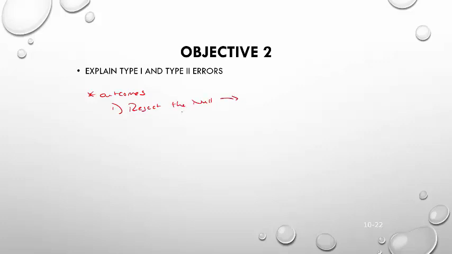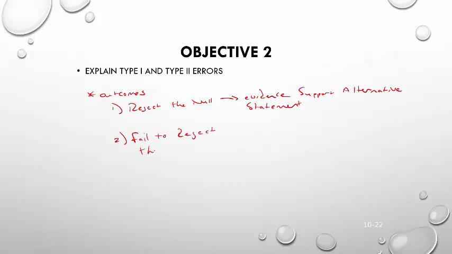What that means when you reject the null is that evidence supports the alternative. That's like saying the defendant is guilty. Or you can fail to reject the null. What that's saying is evidence does not support the alternative statement.